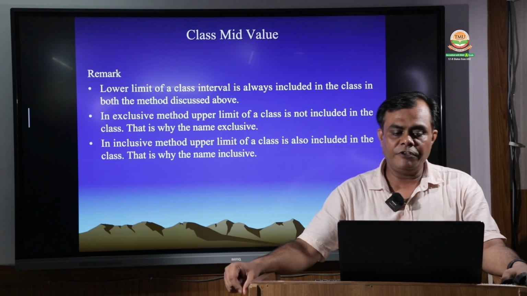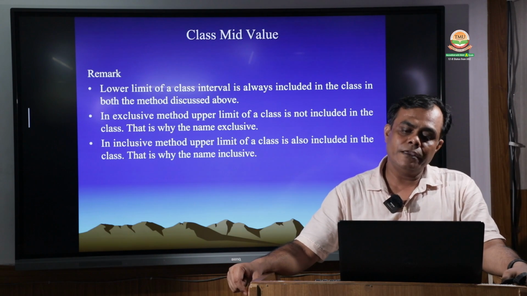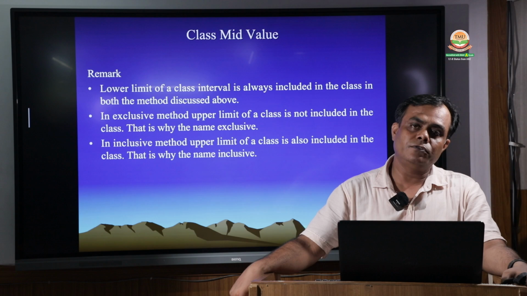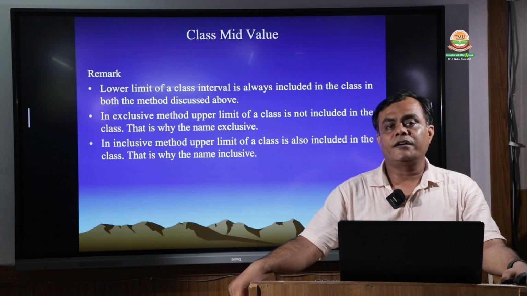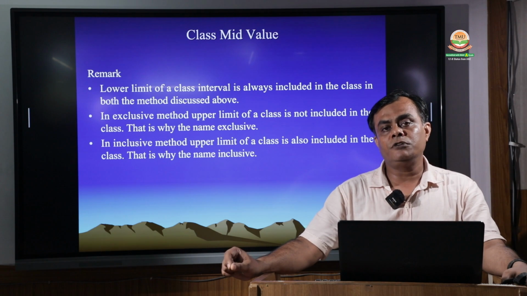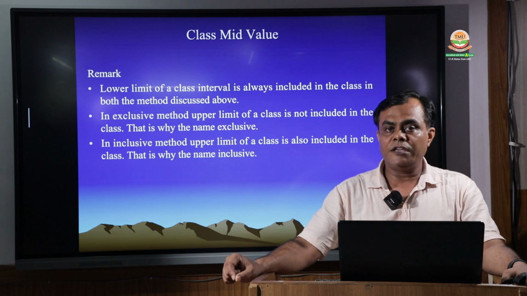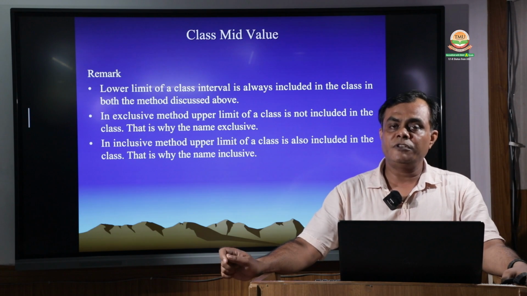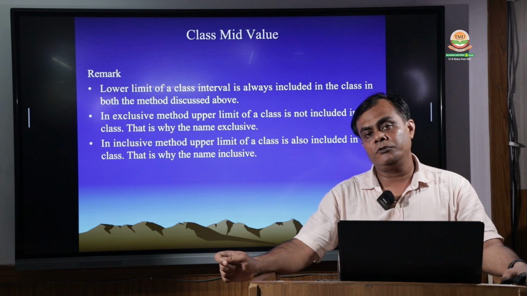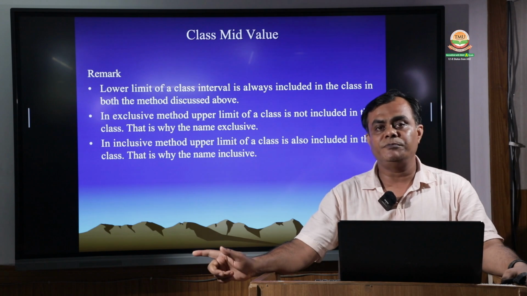So simply we can say, why exclusive method and why inclusive method? In an exclusive method we are not using the upper limit value, so it is called exclusive method, meaning we are just excluding the upper limits.